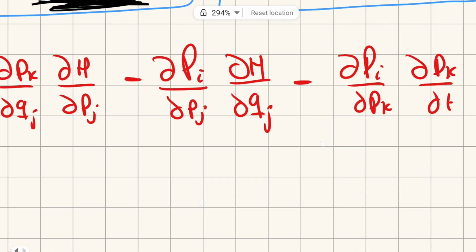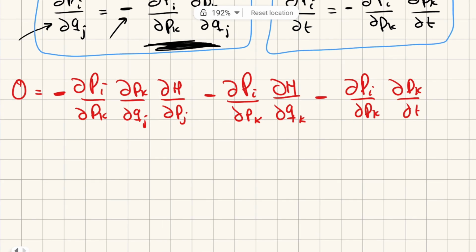Okay, we are going to do something similar to what we did before. This j is going to be switched for a k, right? To be able to have a common factor, the derivative of Pi with respect to pk.